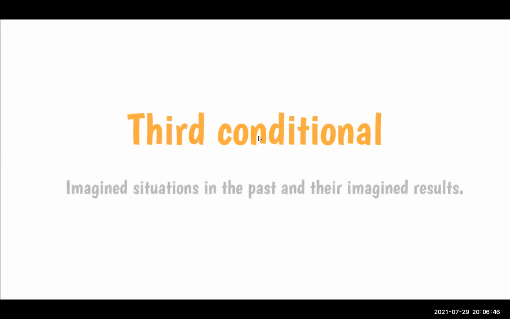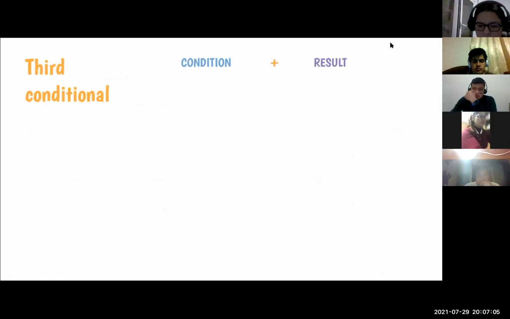Okay? So let's see. Third conditional. We use it to talk about imagined situations in the past and their imagined results. Okay? Let's see. How do we form it? We said that we form the third conditional using the past perfect. Very good.